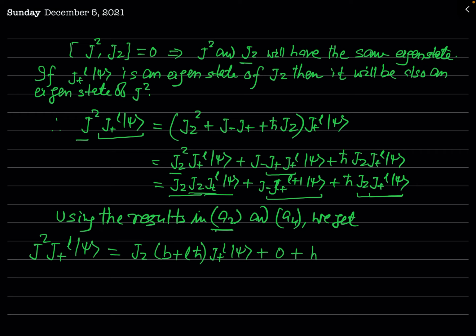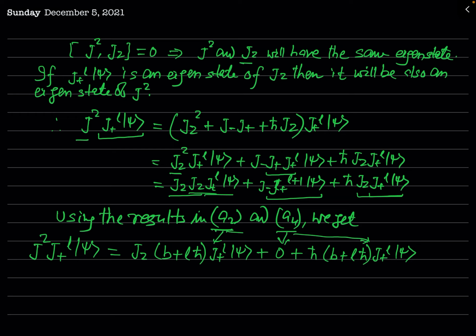This is H bar times B plus LH cross J plus L ket psi. So making use of equations A2 and A4, you can see this result is obtained. In fact, in the second term we have used equation A4, and in the first term and the last term we have used equation A2. So you can see this.